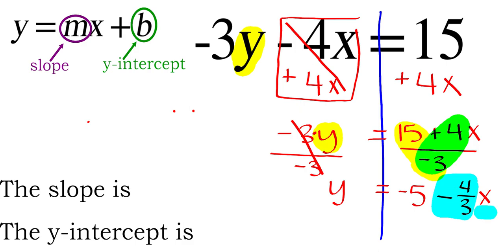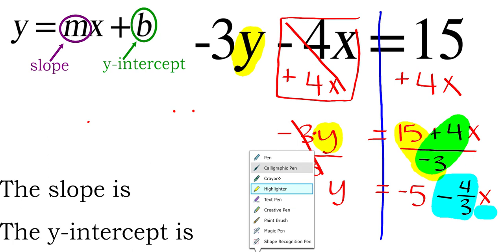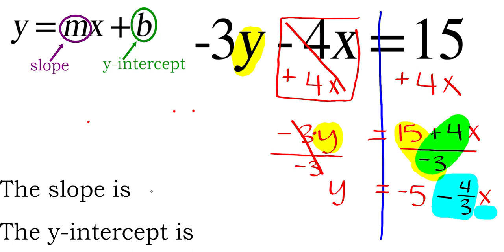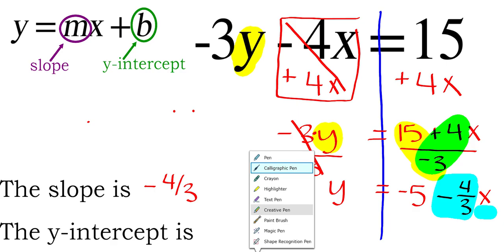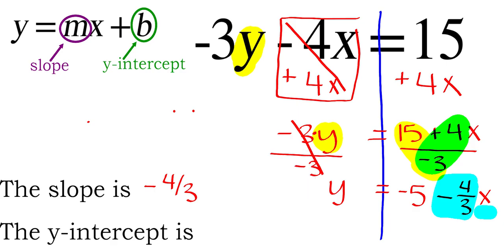So -4/3 is going to be considered the slope of the line. The slope is -4/3. And the y-intercept is the number that does not have an x next to it. The number that does not have an x next to it is -5. So -5 is the y-intercept.